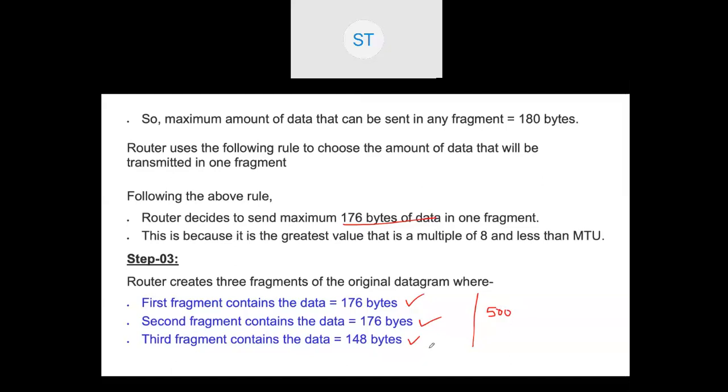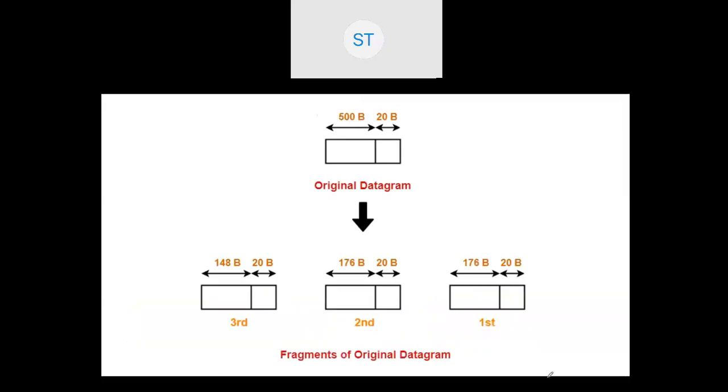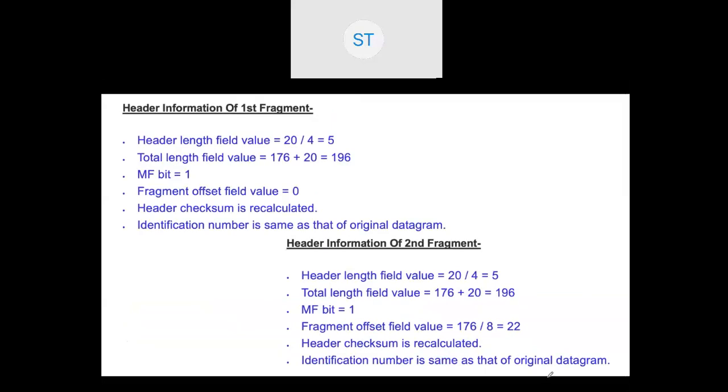If the payload size is 490, then this will be 138. So all the remaining data will be accommodated in the third fragment. Okay, so calculate the fields. Header length is 20, or the field value, which is interesting, is 5.